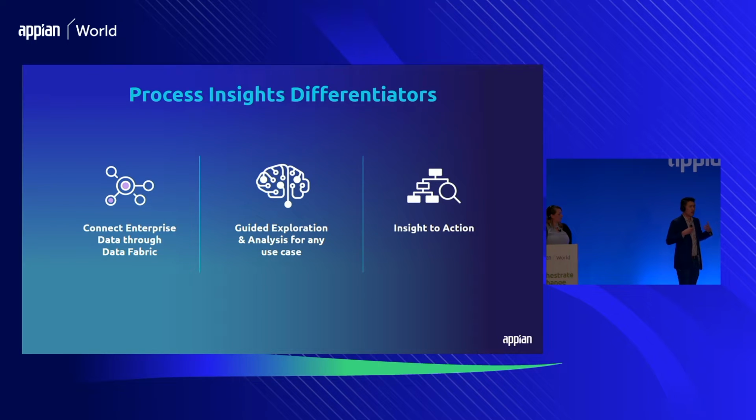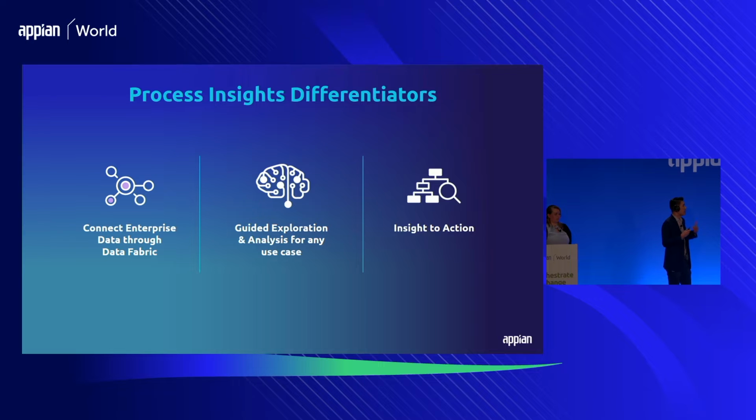We have a set of strengths that we're leveraging and that we're building with Process Insights. First off, we are able to leverage Appian's data fabric to connect your data across your enterprise. This helps Appian access data where it lives and provides the right set of security so that the right people can mine the right things, can look at the right things, and that we can connect data easily.